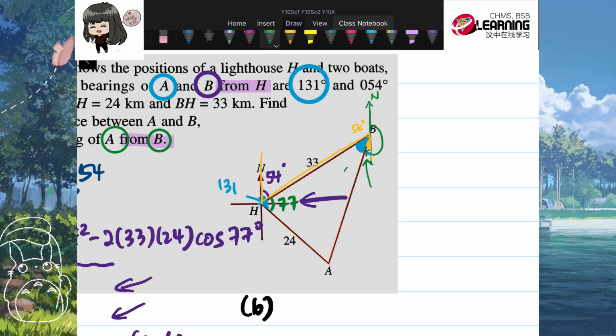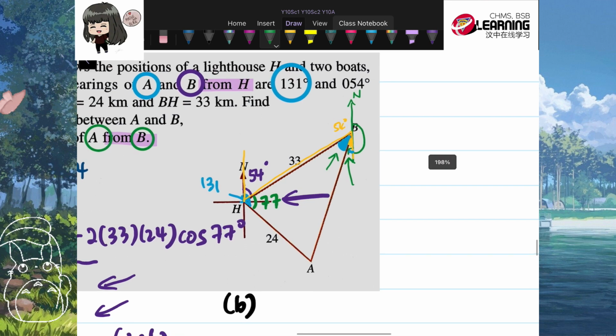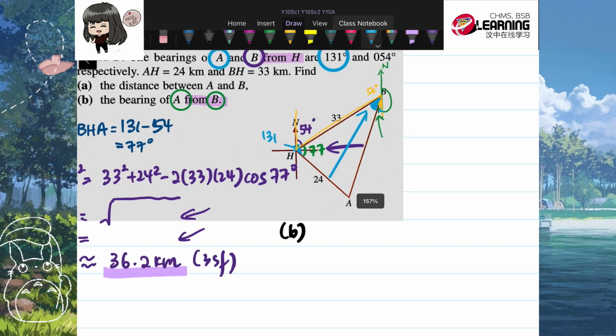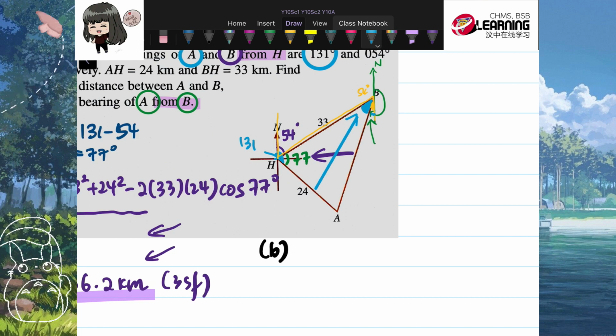So first we have to find this angle. To find the angle, you need to use the sine rule. We use 24 and this angle, and 77 with AB. AB we already found just now, 36.2. Actually, before rounding off it is 36.1756, and we use that.